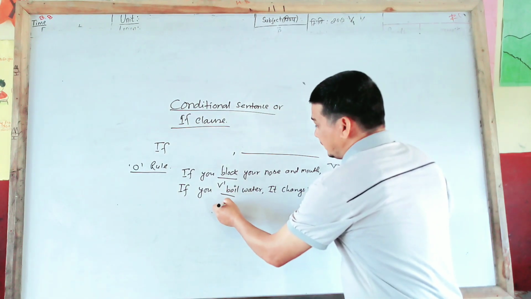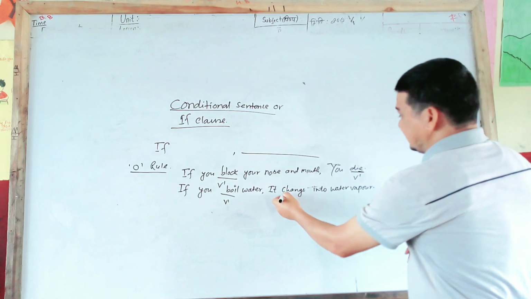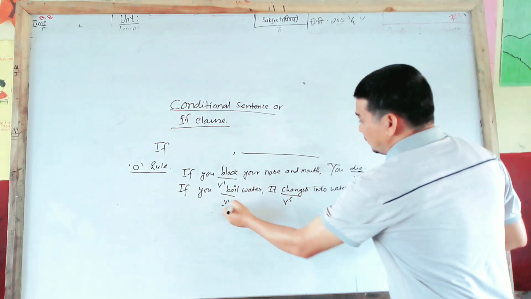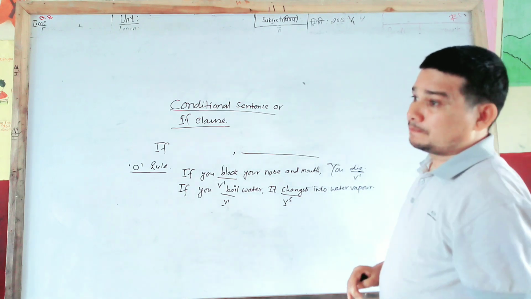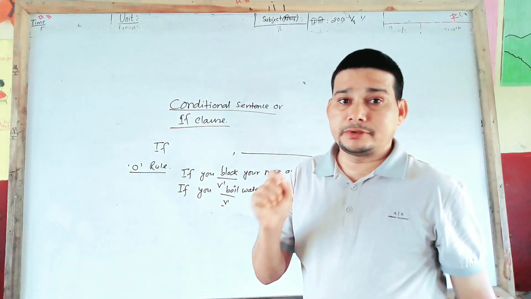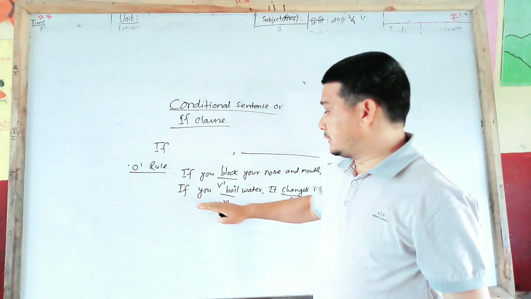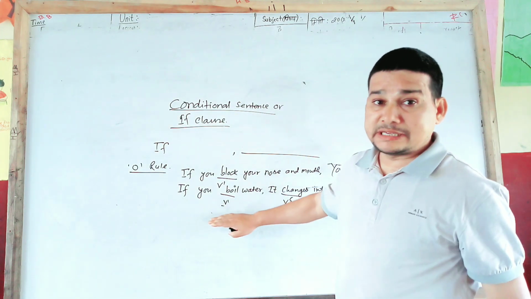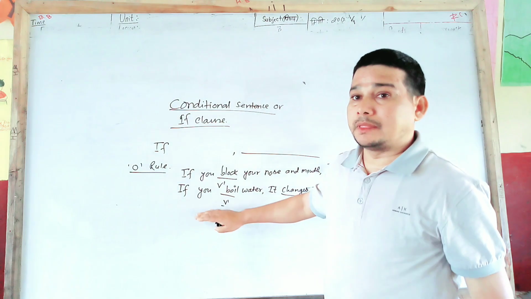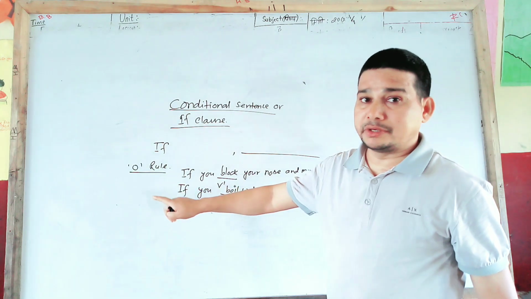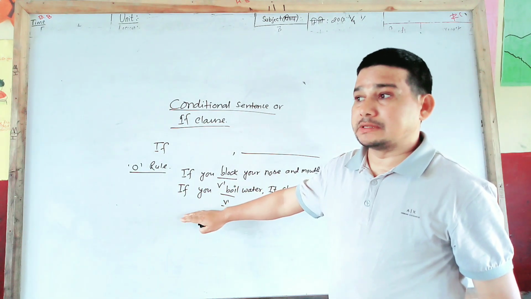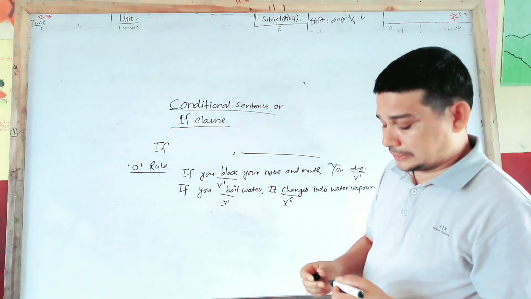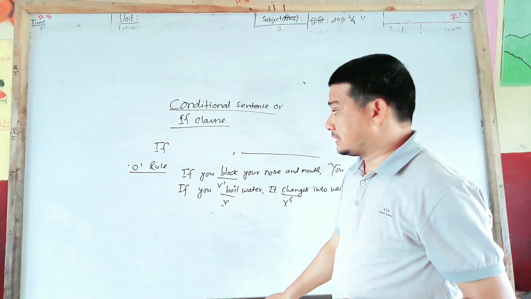So boil is V1 and changes is V5. So V1 and V5 are the verbs of simple present tense. So simple present tense is here and here is also simple present. No change is there. That's why this is the 0 rule. If there is no change, then this is the zero rule, and this is also one rule of conditional sentences.